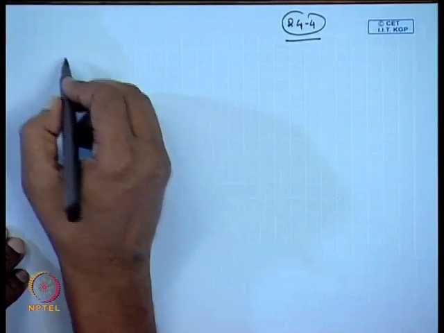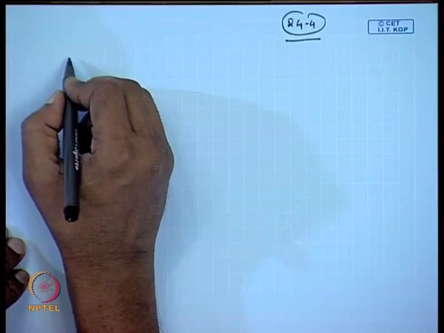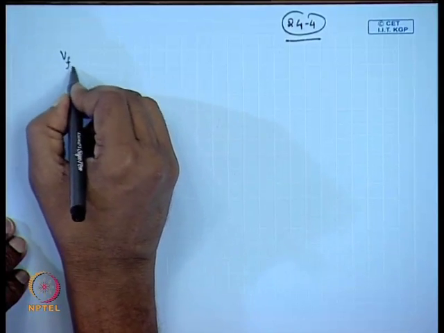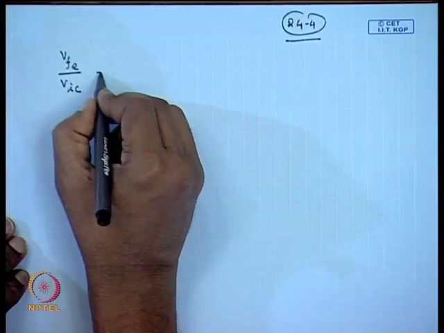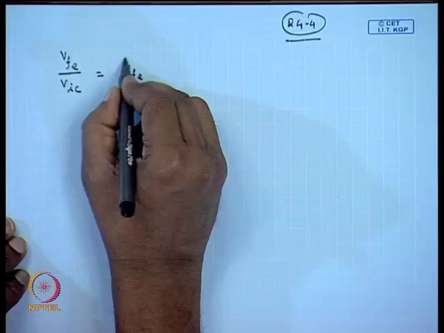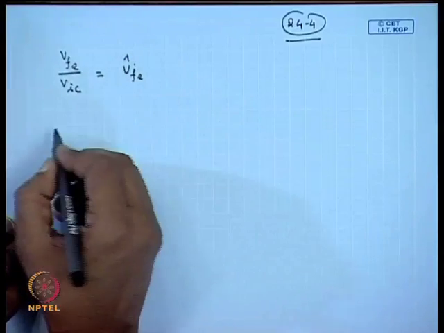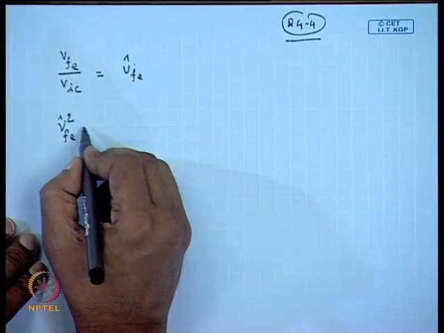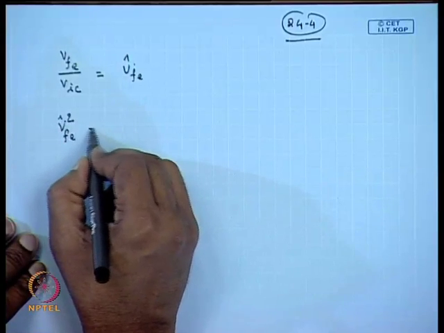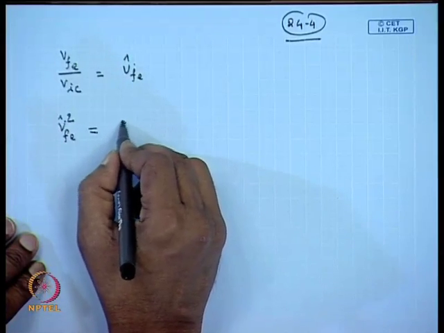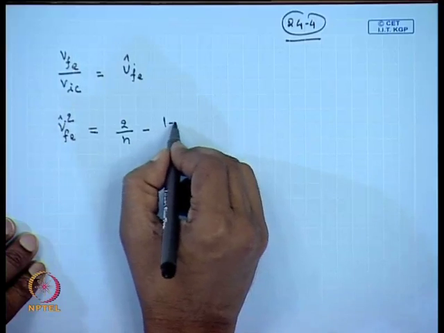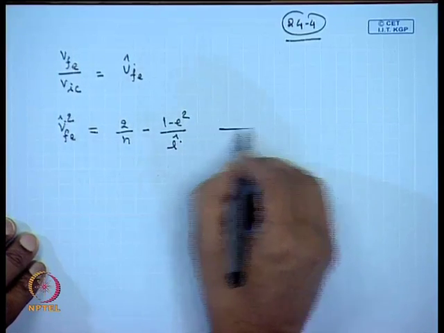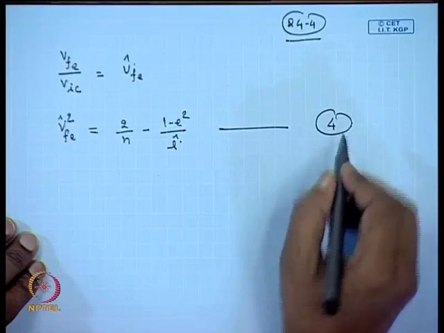Following the earlier notation, V_Fe by V_Ic is nothing but V_Fe cap. This is the notation that we will follow, and therefore V_Fe cap squared becomes equal to 2 by n minus 1 minus e squared by L cap. So, this is our equation number 4.